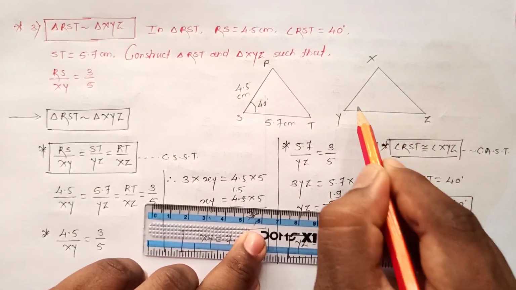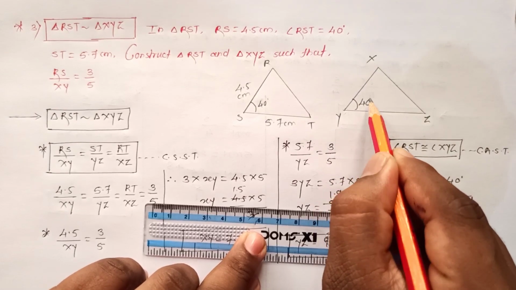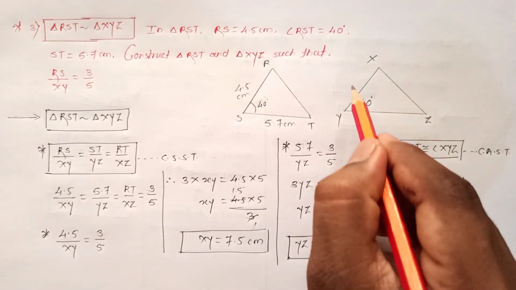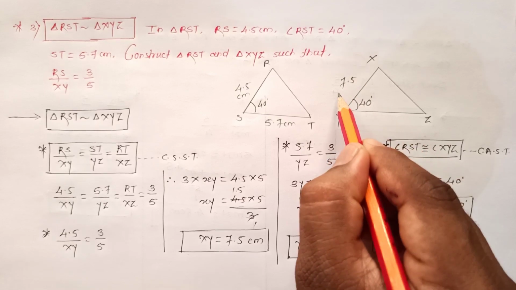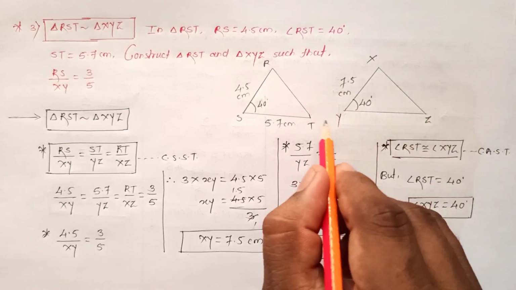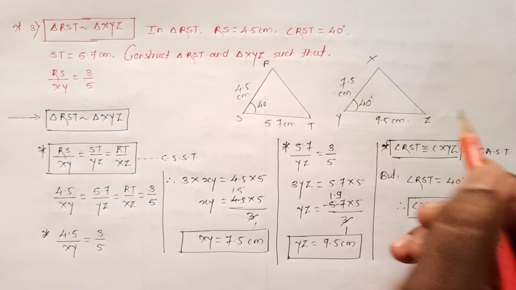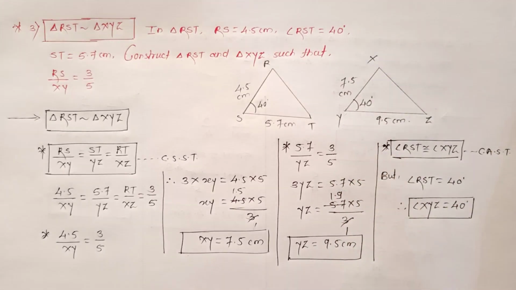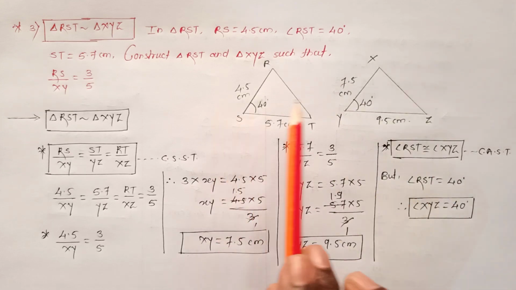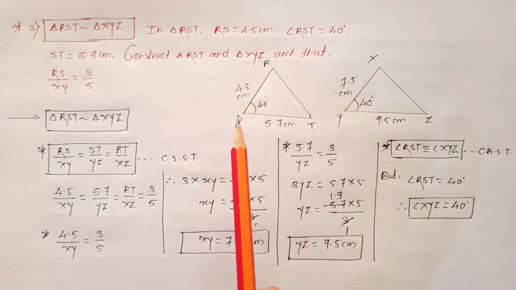This angle XYZ is equal to 40 degree, XY is equal to 7.5 centimeter and this YZ is equal to 9.5 centimeter. So in this way you can easily find the corresponding sides and corresponding angle of the second triangle. So let's construct these two triangles.